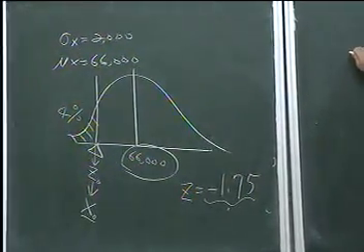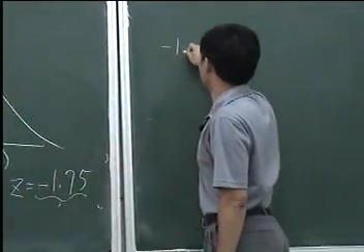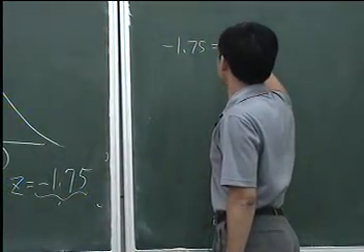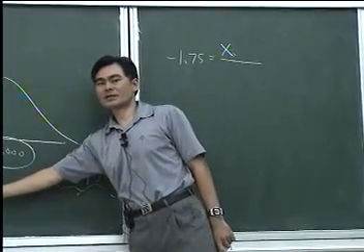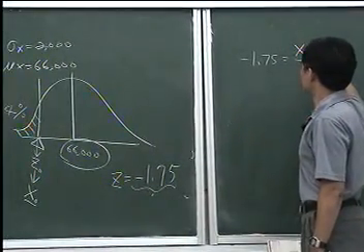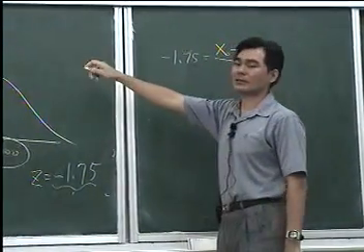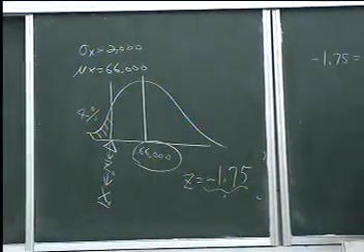Anyway, so this is negative 1.75, and it should be equal to x0, this number, right? That's the number we try to figure out. x0 minus 66,000 and divided by the standard deviation, 2,000 there.